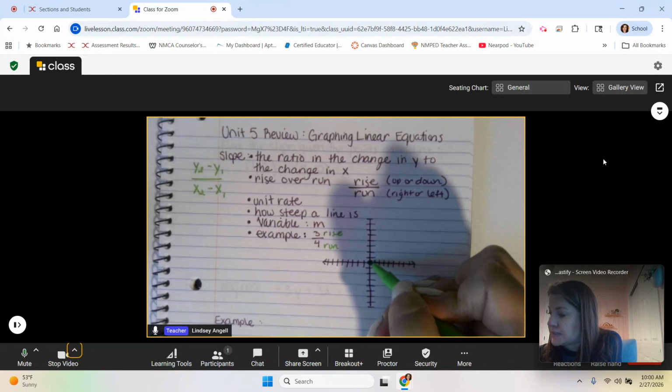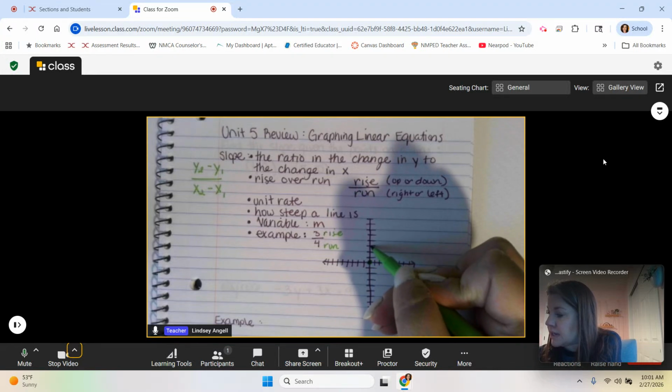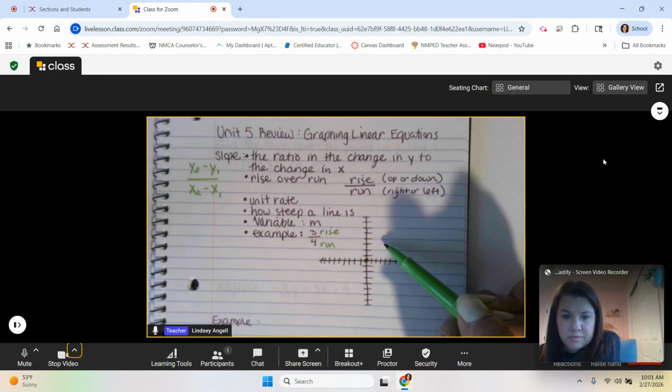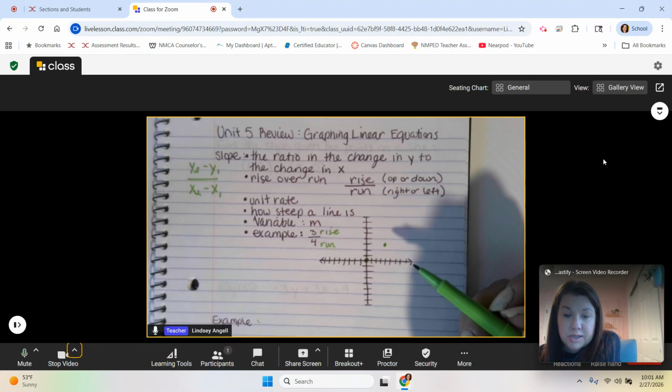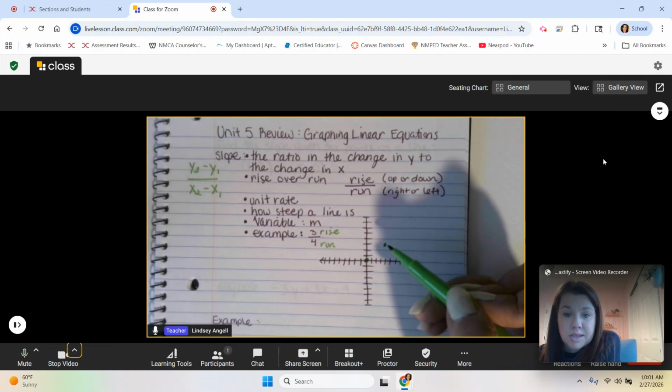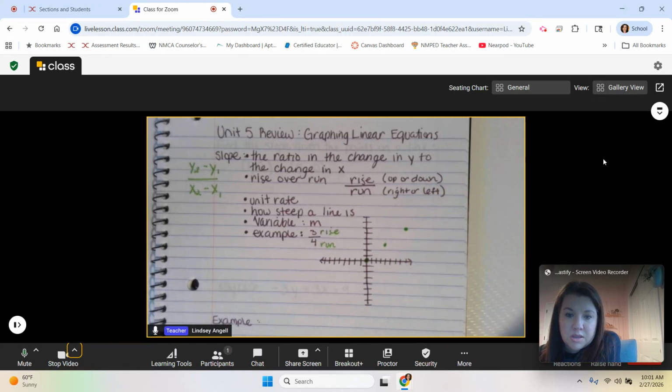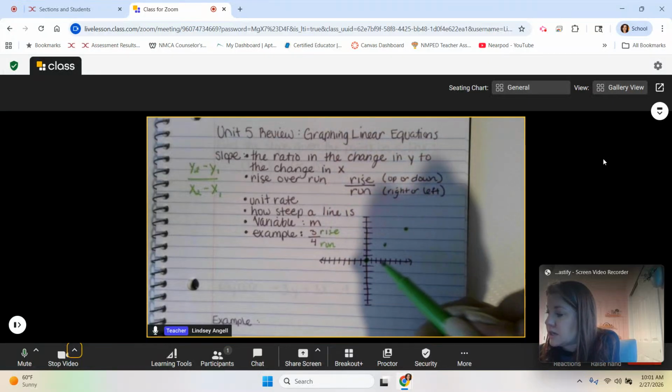I would rise 3, 1, 2, 3, and I would run 4. Then I could go up 3 again, 1, 2, 3, and run 4. Notice they're in a straight line.